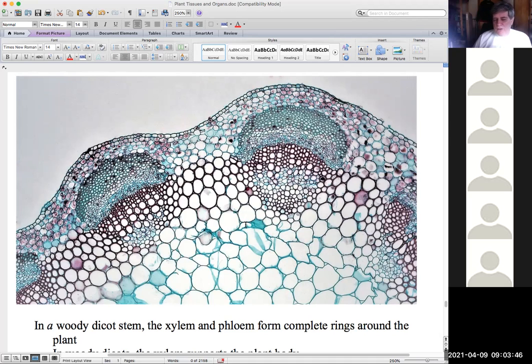And then we have ground tissue in here between the acorns, between the vascular bundles, connecting the cortex out underneath the epidermis to the pith in the middle. Overall, there's more ground tissue, more parenchyma in this plant than anything else, but we're going to focus on a vascular bundle for right now.